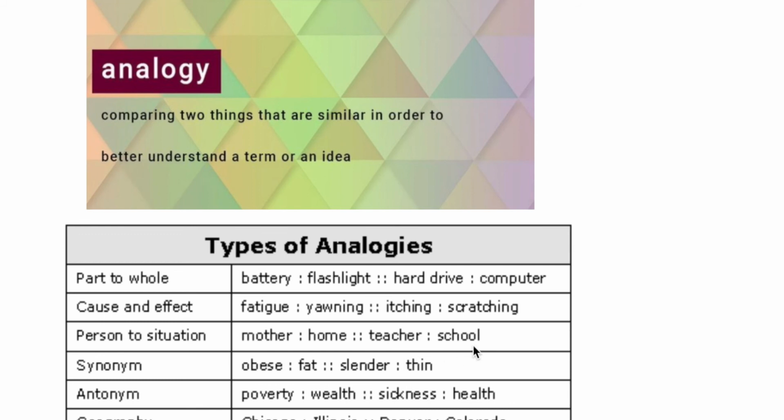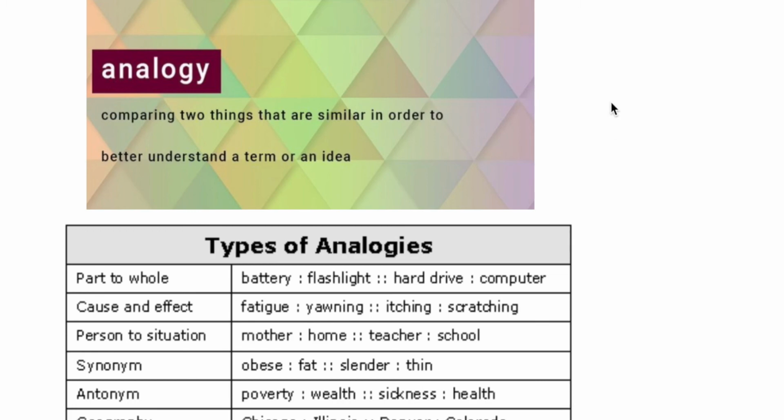So here we say that mom works at home, and then teacher works in school. You know, and by doing this, it's better for a student to understand what they have to understand, because they can associate the words to something that they already know, something that is simple, right?